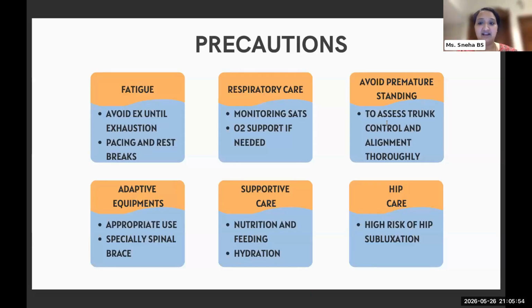Please look at the trunk alignment thoroughly, assess the assistive devices that are required, and then move forward, because you don't want to put undue stress on the hip and on the spine. Adaptive equipment needs to be reviewed and changed in a timely manner. We'll learn more about that next. Supportive care, nutrition, feeding, and hydration are absolutely necessary. So the key precaution here is fatigue and respiratory, and not exhausting the child too much.